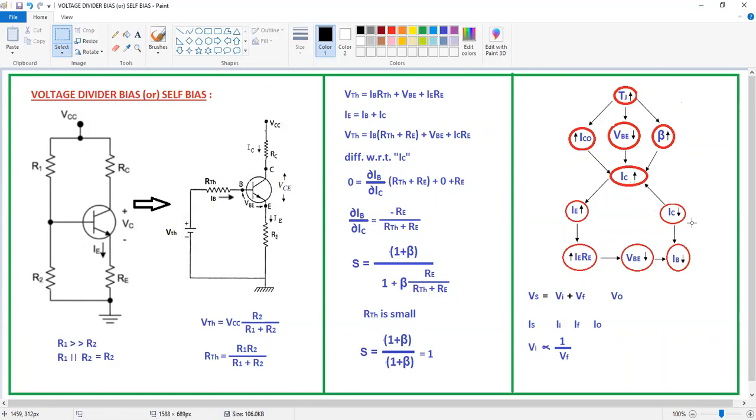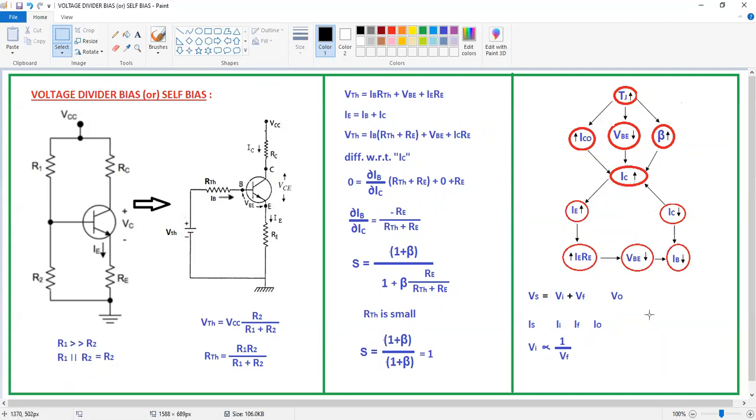Already you know that IC is equal to beta into IB. The gain factor is given by output current by input current. From that, output current is equal to input current into beta, nothing but IC is equal to beta into IB. If IB decreases, IC decreases. That means whatever current increased previously is going to decrease because of this feedback element.